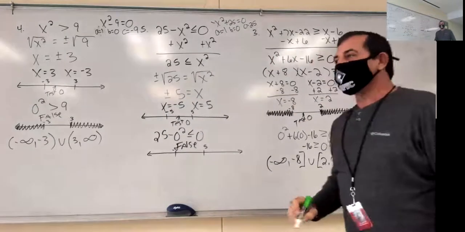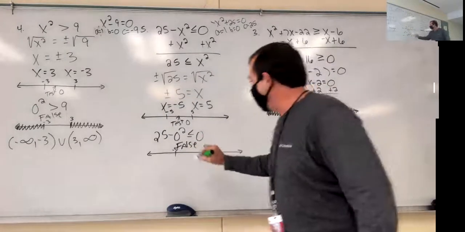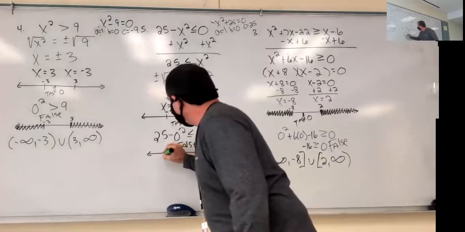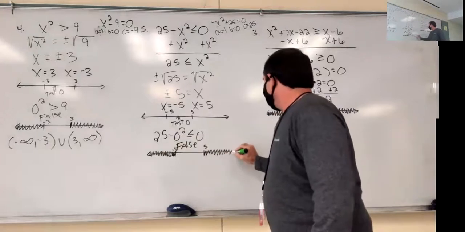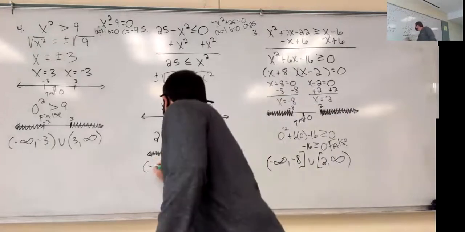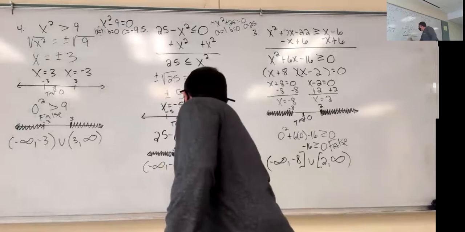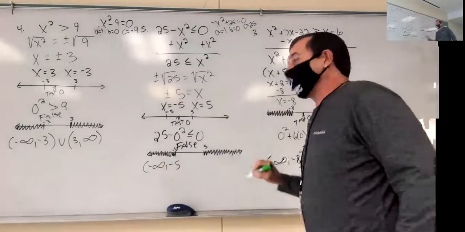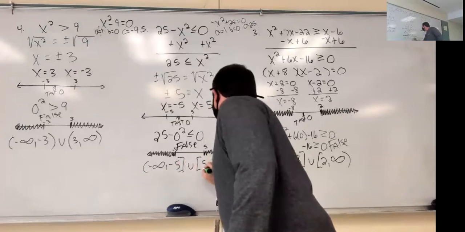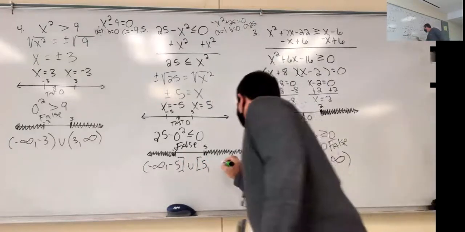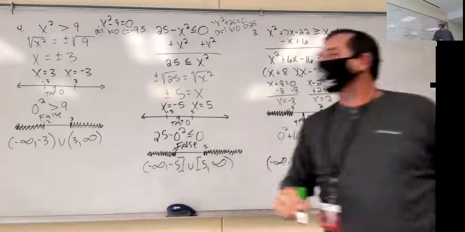Since it's false, I cannot shade where the 0 was located. I'm going to shade the outsides. So -infinity to -5, is that going to be bracket? And then union and negative. Okay.